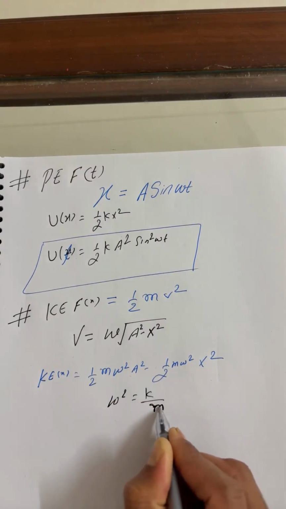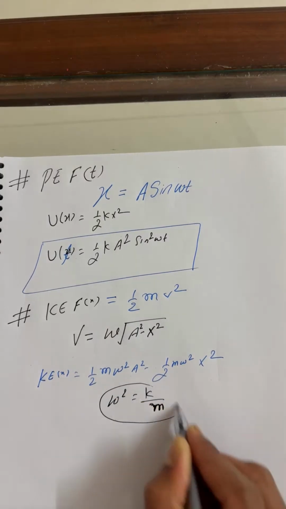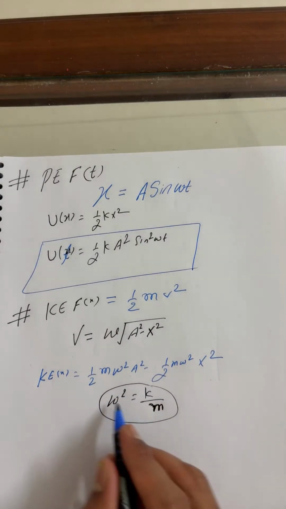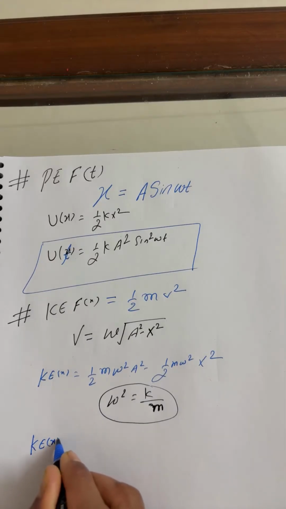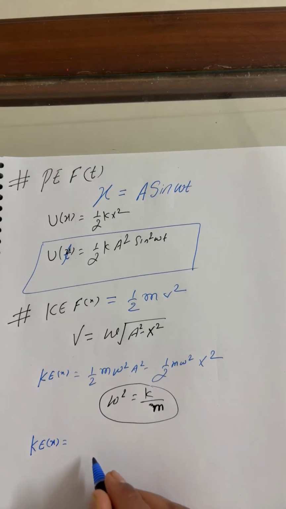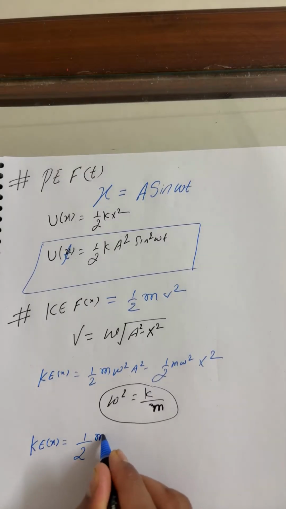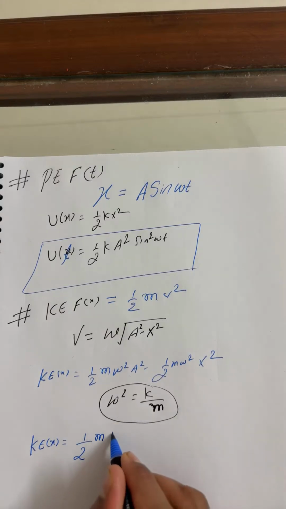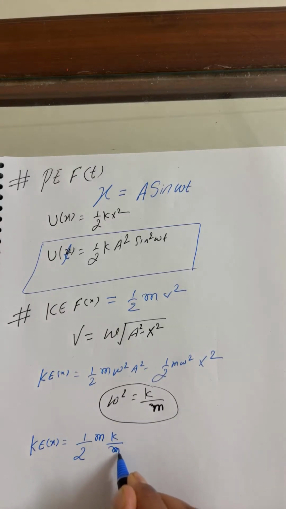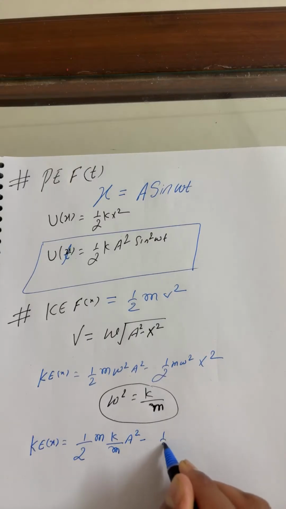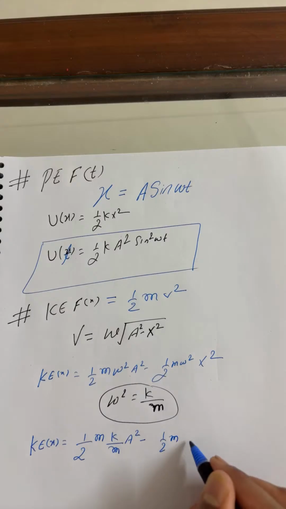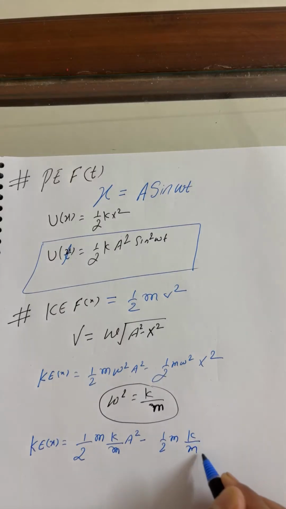So rewrite the expression: 1 by 2 m into k upon m into a squared, minus half m into k upon m into x squared.